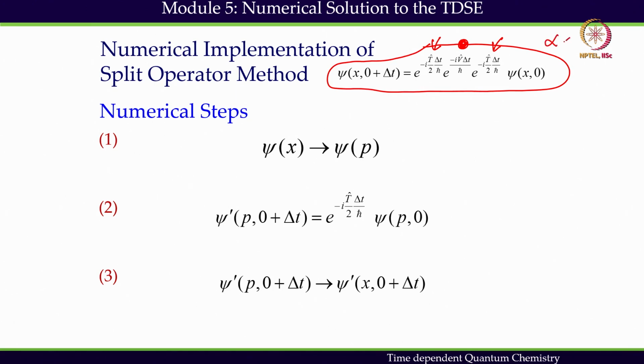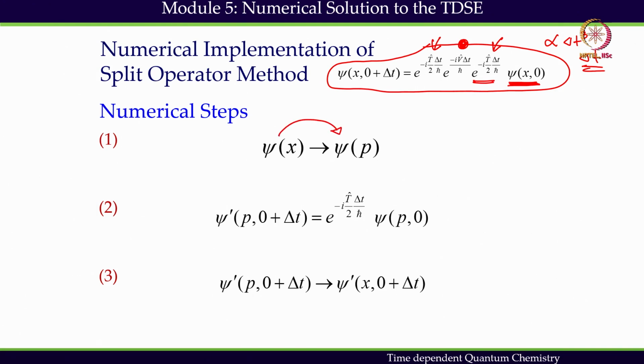For this we know that the error is going to be of the order of delta t to the power 3, which means that the error would be very small if I take delta t to be very small. So the first cycle of this numerical step would be, as you can see, that this operator has to act on this wave function first. So the first step will be that the wave function has to be converted to the momentum space.